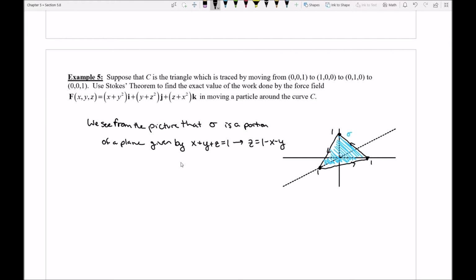Now, I could go ahead and think about what I need in order to be able to use Stokes' theorem. I need to be able to see here that this is a curve that appears to have an orientation, but I want to make sure it has a positive orientation. So if I was to walk around this curve, I need to think about if I would rather have my head facing up or my head facing down, so that way I could, when walking along the curve, reach out with my left hand to touch that surface.